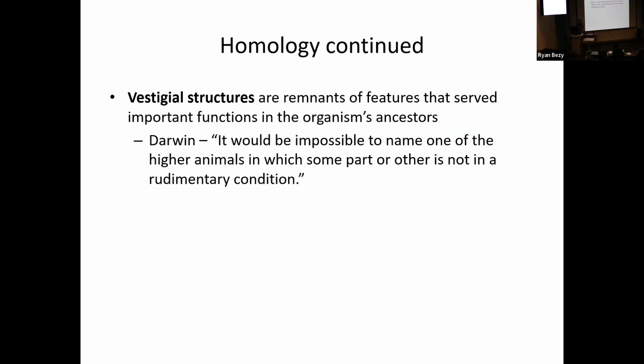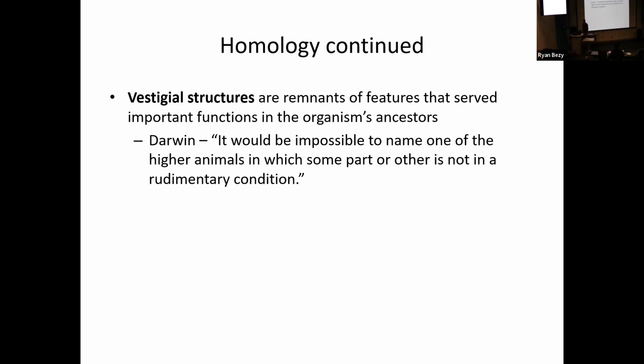Another example where we can use homology to see evidence of evolution is vestigial structures. Vestigial structures are remnants of features that served an important function in an ancestor, but now don't do anything.